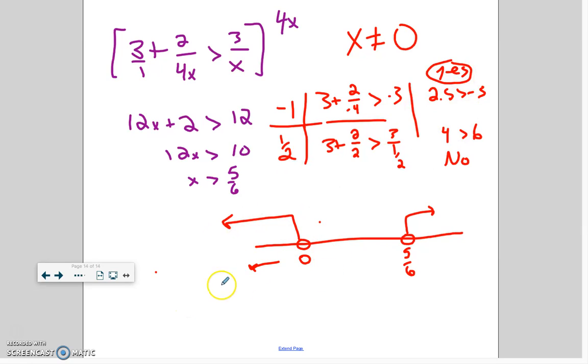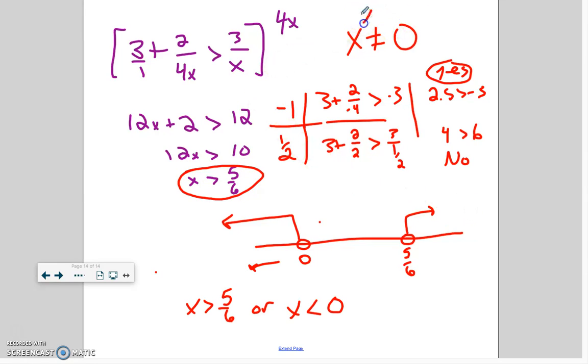So my solution to this problem is that x is going to have to be greater than 5/6, or x has to be less than 0. So you're checking the interval that's below your excluded value, between the two, the answer you found and 0, and greater than 5/6. But if you've already found this value, we know that that statement is true because you solved that equation. So we know the arrow is going that direction.